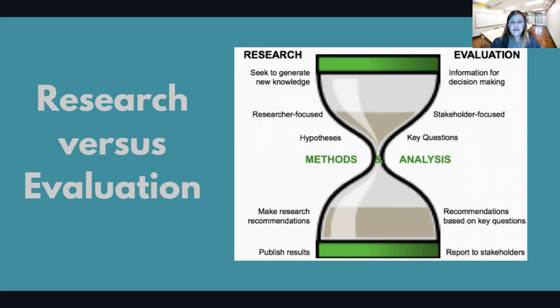And they're all stakeholders who might have different perspectives on things and may have different goals for the evaluation. Instead of hypotheses, we come up with more broad key questions, and then we make recommendations based on those questions. Then, instead of publishing results, usually it's a report to stakeholders instead.